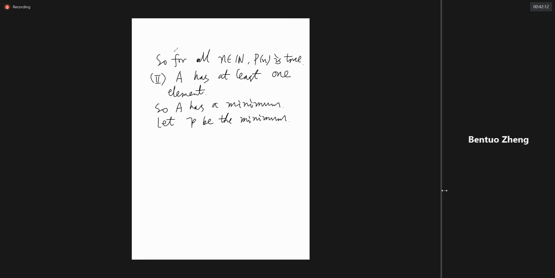Okay, since P is the minimum of A, then we know P... I have to justify one more thing to make this claim. Then P is not equal to 1.